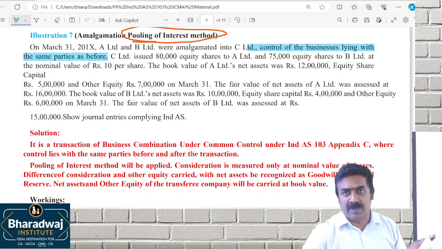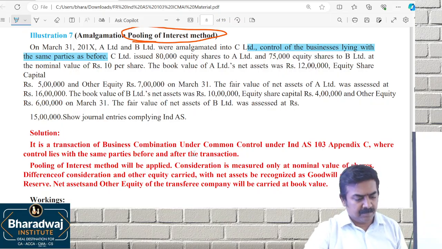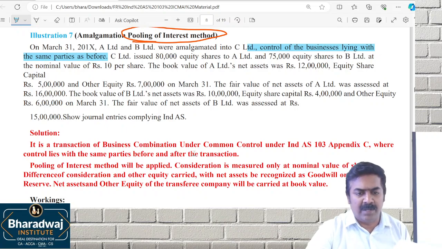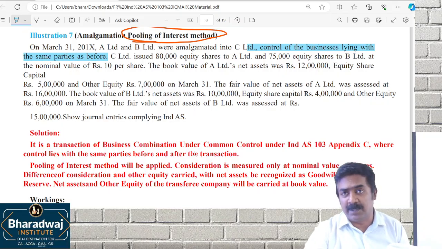Next point, most important point. Consideration is measured only at the nominal value of the shares allotted, within bracket, no securities premium.